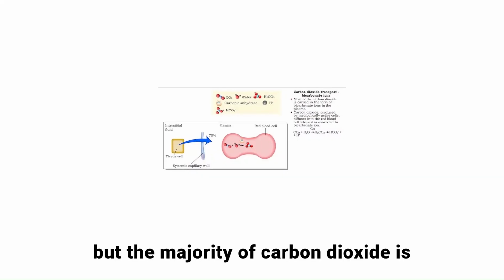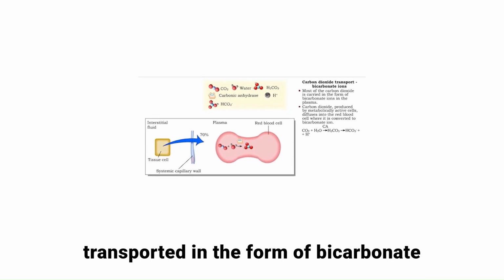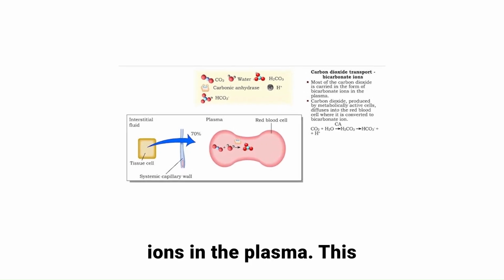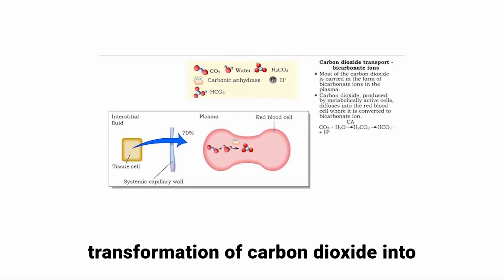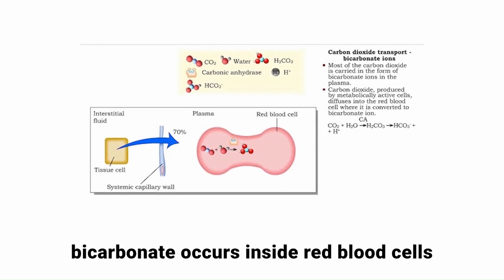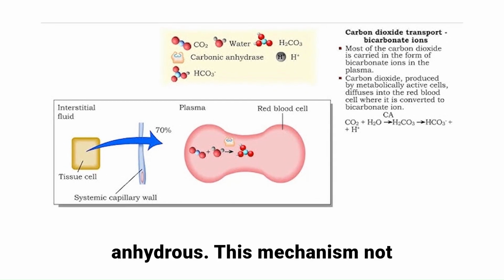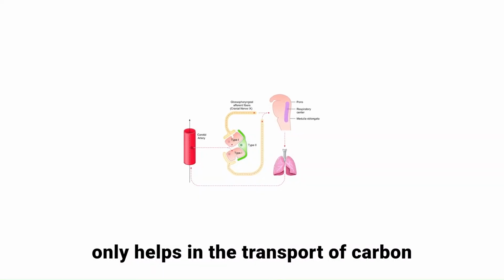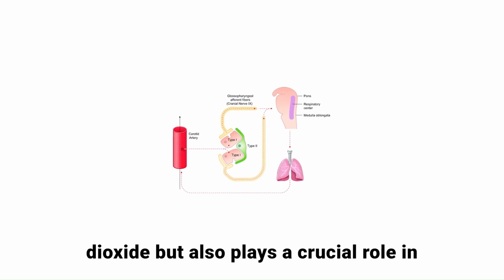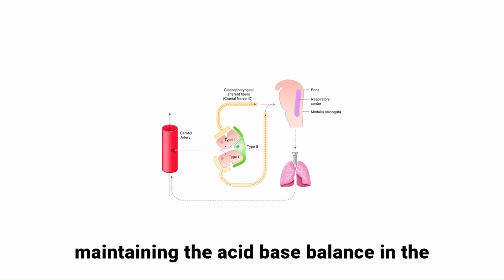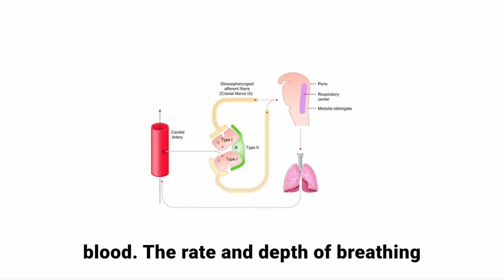But the majority of carbon dioxide is transported in the form of bicarbonate ions in the plasma. This transformation of carbon dioxide into bicarbonate occurs inside red blood cells with the help of the enzyme carbonic anhydrase. This mechanism not only helps in the transport of carbon dioxide but also plays a crucial role in maintaining the acid-base balance in the blood.